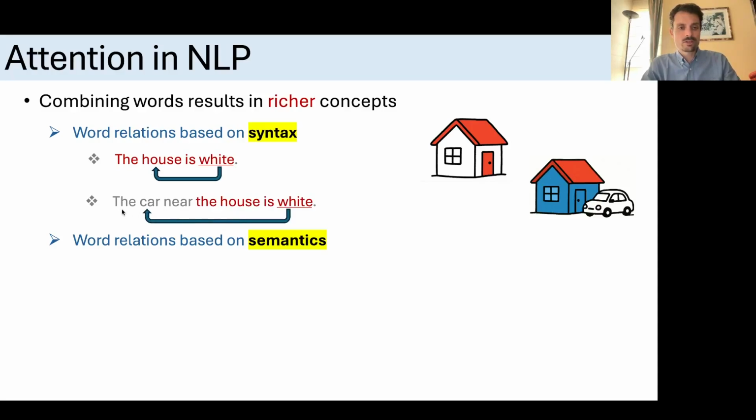However, if we think of this other sentence, the car near the house is white. Well, here we have exactly the same sequence of words as here, but by semantics we know that white refers to car.